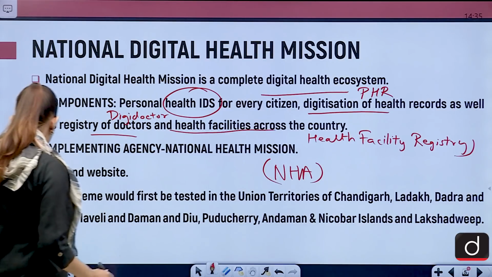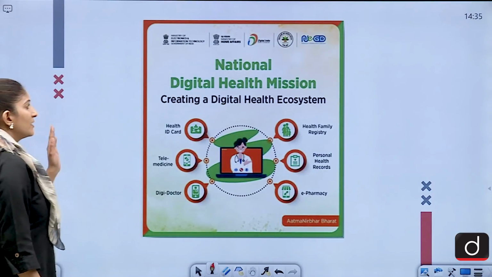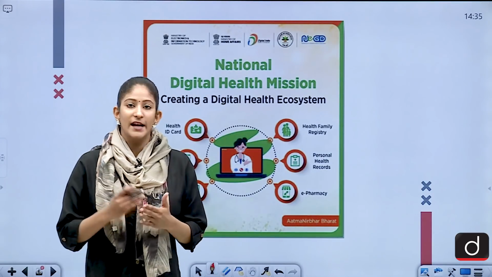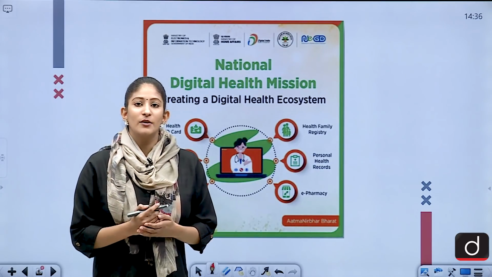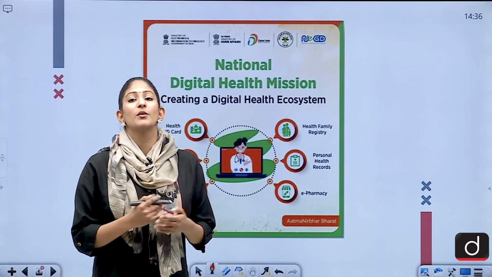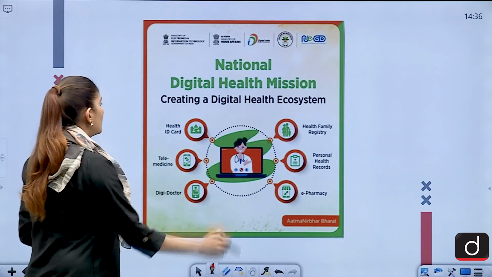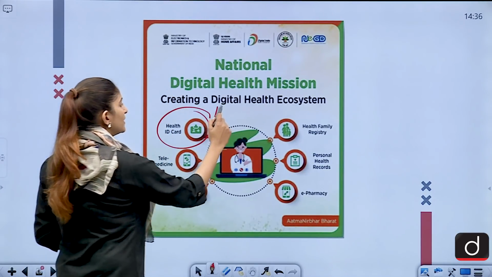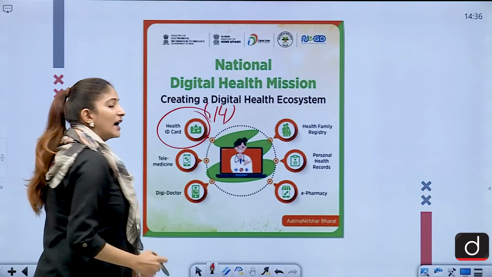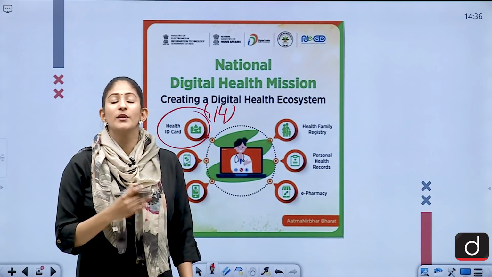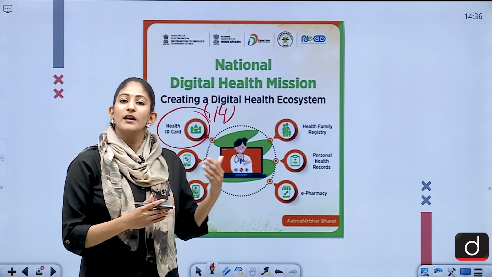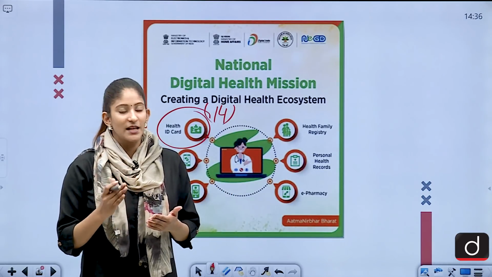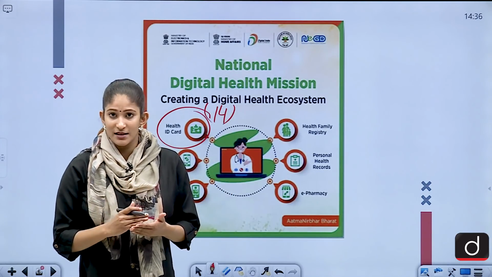Moving on, let's talk about the health IDs. What does it contain? The health ID card is a 14-digit unique identification number, which will include the data with respect to every citizen.